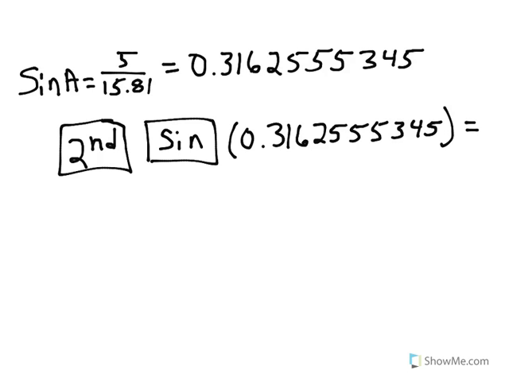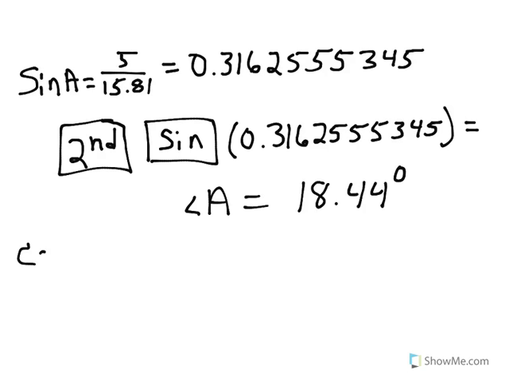This will convert the decimal value into degrees to find the measure of angle A, which gives us 18.44 degrees, rounded off to the hundredths place. So angle A equals 18.44 degrees.